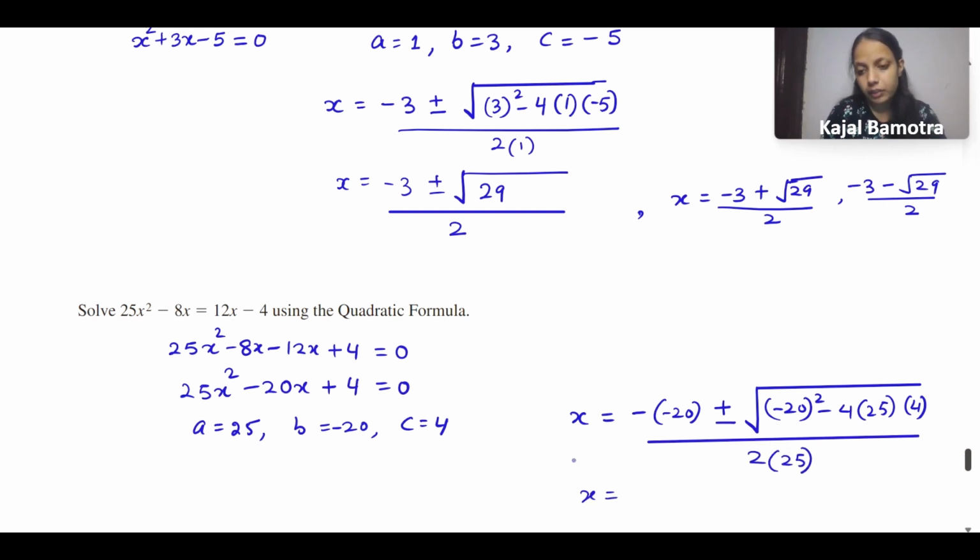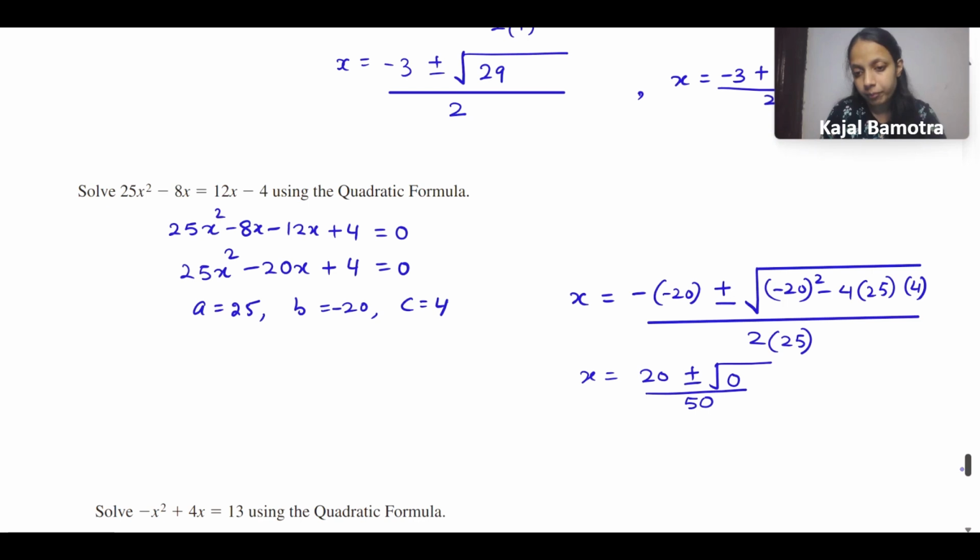And this will be 20 plus minus square root of 20 square, which is 400, minus 25 fours are 100, 100 fours are 400. So this is 400 minus 400, 0. So square root of 0 over 50.